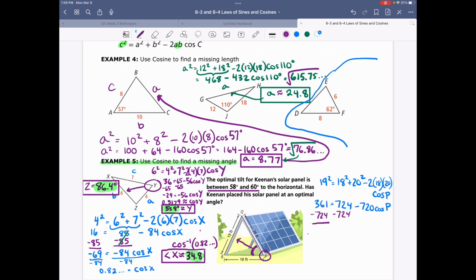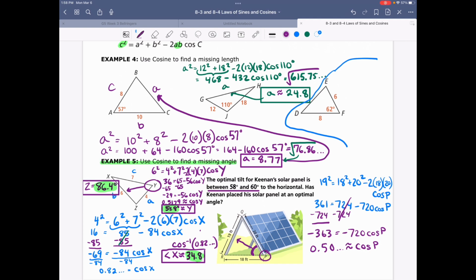That's negative 363. This cancels. Negative 720 cosine P. Now I have to divide by negative 720. And I get approximately 0.5. And that's equal to cosine P.